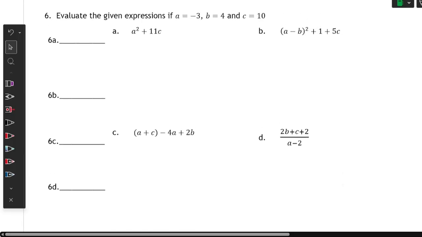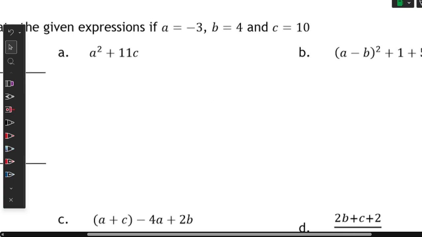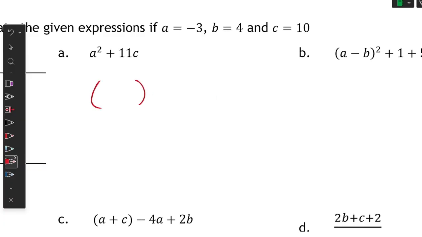All right, next, 6. Evaluate these expressions for the given values. I'm telling you what A, B, and C are, and I'm just asking you to evaluate these. For this first one, you'll notice I am squaring negative 3. So I'm going to use my parentheses inside, and I'm going to square something, and then I've got plus 11 times something else.